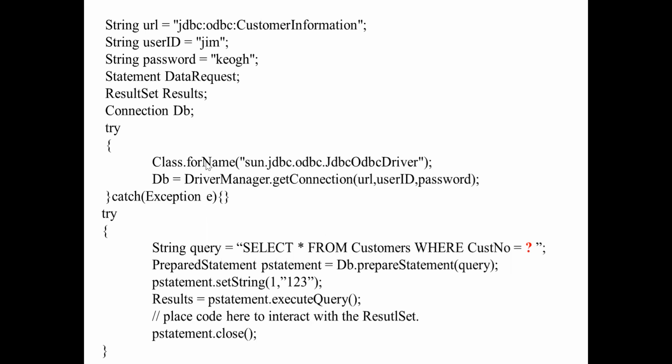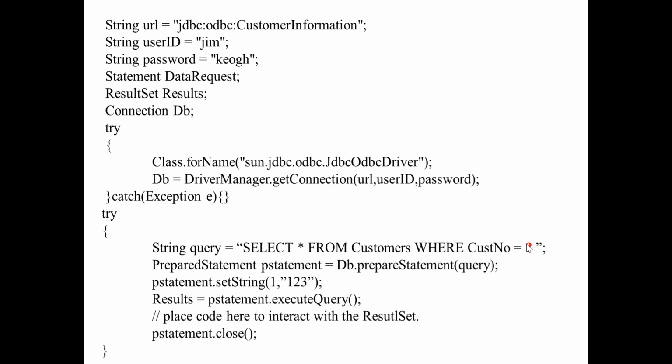Once the connection is established, I get the connection from the driver manager using the URL, user ID and password. If any error occurs in the connection, it goes to the catch with the exception e. Then I use another try statement, with a string query equal to select star from customer where customer number is equal to question mark.